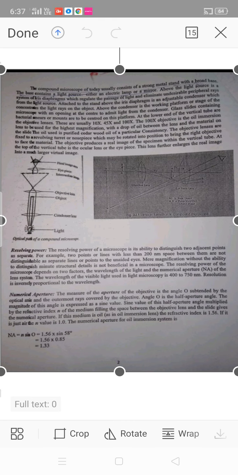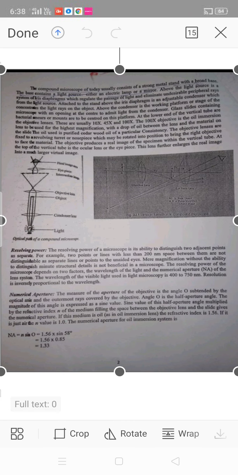The magnitude of this angle is expressed as a sine value. The sine value of this half aperture angle multiplied by the refractive index n of the medium filling the space between the objective lens and slide gives the numerical aperture. If this medium is oil, the refractive index is 1.56. If it is just air, the n value is 1.